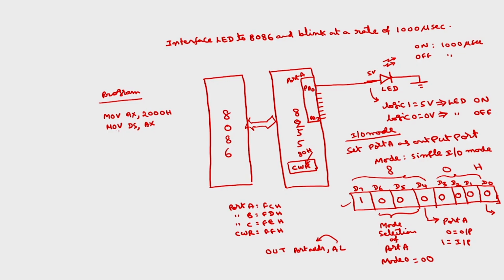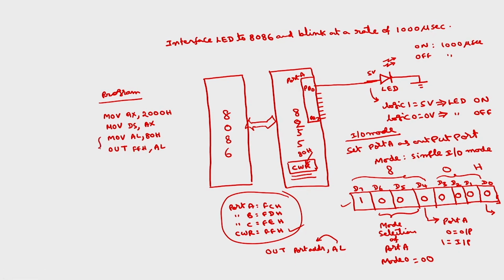So, first I have to set the controller register, I have to load it with 80H. Okay. Whatever data I want to output, first you have to take it into the AL register by default. Then OUT AL to which port? What is the port address of the controller register? I have assumed that the controller register is FF, so this should be FFH.